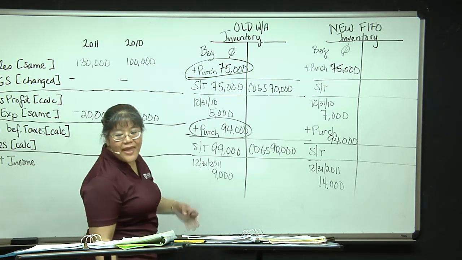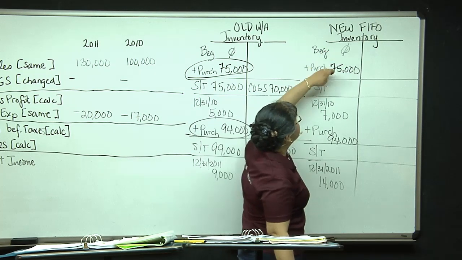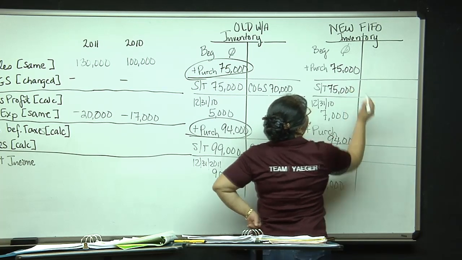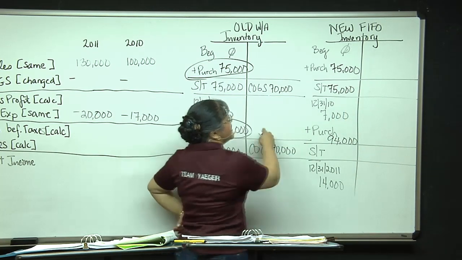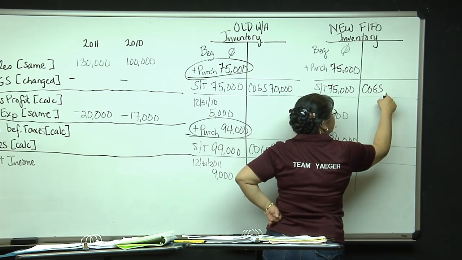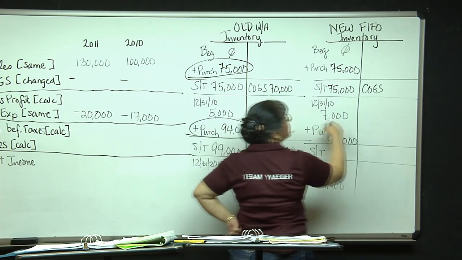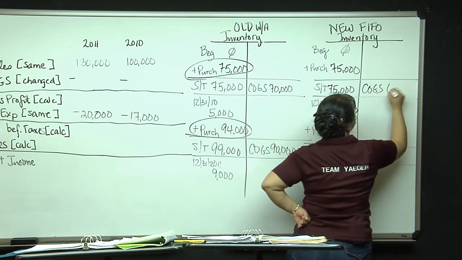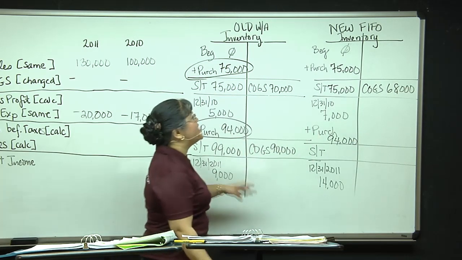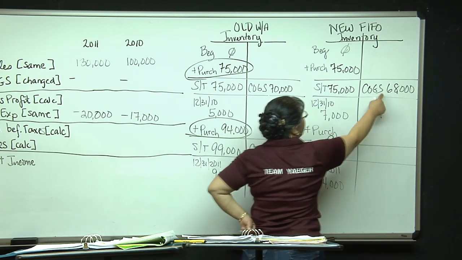All right, now let's take a look at what's going on here. 0 plus 75 is going to give me 75,000. And then I would subtract my cost of goods sold. 75,000 minus something gives me 7,000. Well, 75 minus 7 is going to be 68,000. So your cost of goods sold would now be $68,000 for 2010, because 75 minus 68 gives me 7.